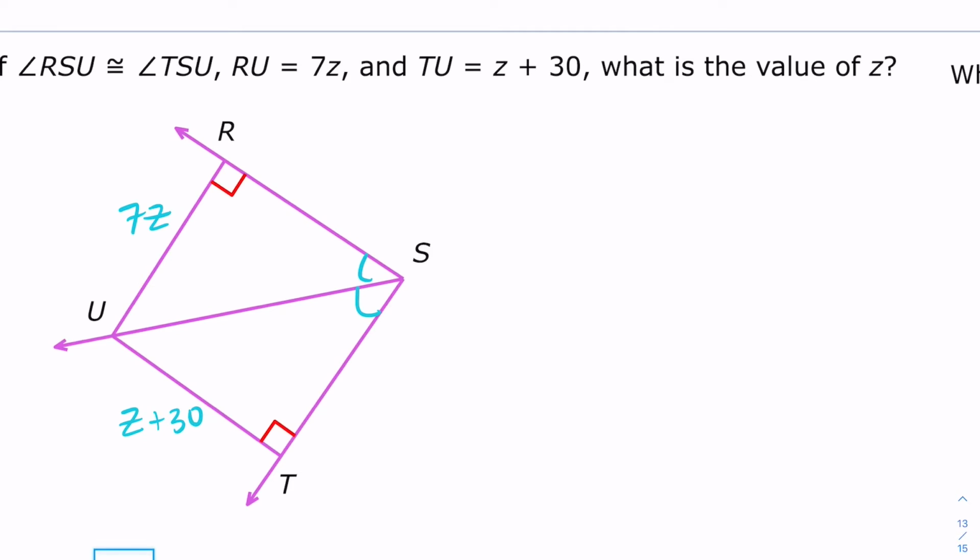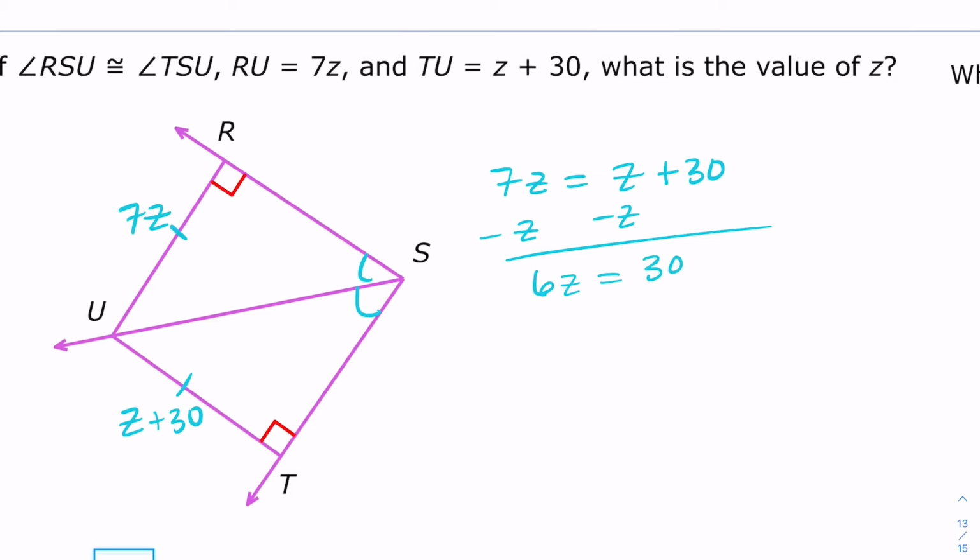Well, what we do know is that this is going to be congruent to that. So 7Z equals Z plus 30. I'm going to take away Z from both sides. And I get 6Z equals 30 and divide by 6.